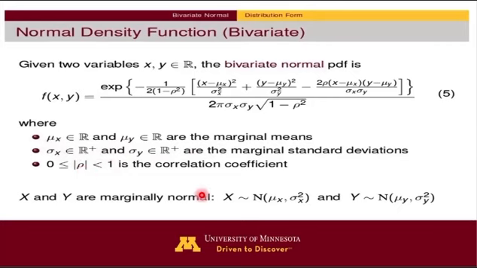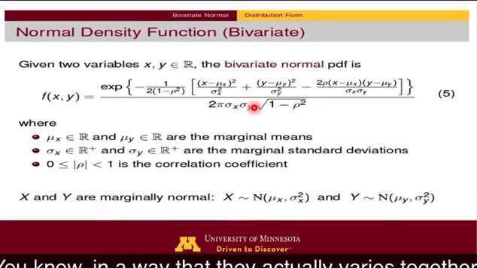Now here, when I say marginal distribution, I want to focus on one variable at a time, so here I'm going to say x follows normal, here y follows normal. But if I want to look at it in a way that they actually vary together, this is going to be the density function.